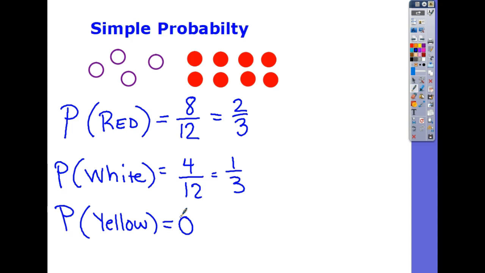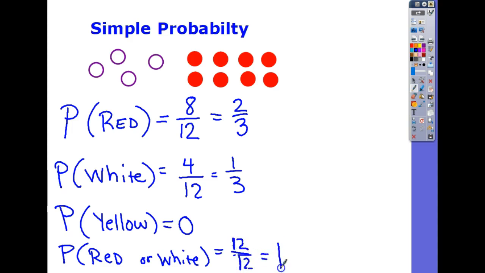What is my probability of drawing a red or a white marble? Well, that would be 12 out of 12, wouldn't it? And so that would be equal to 1. 1 is the biggest probability. You can't have a probability that goes over 1.